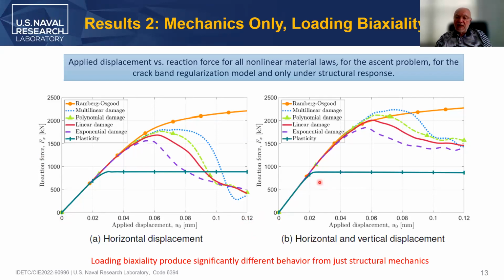So the effect indicates that indeed there is, as expected, some variability based on the fact that the two loads are different and they activate the resistance of the joint differently.